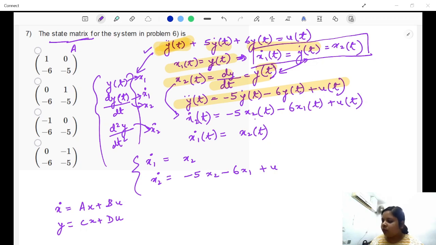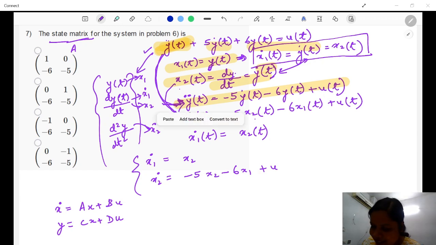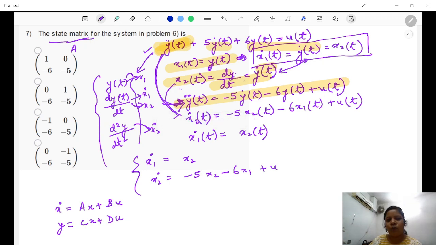Now what we do? We write x2(t) is equal to y dot t, जो देखा हमने. So if you write this equation over here, ऊपर वाला, it is just a rearrangement of the terms. Now y double dot t can be written as x2 dot t. यहाँ पे हमने बोला था कि x2 is equal to y dot.